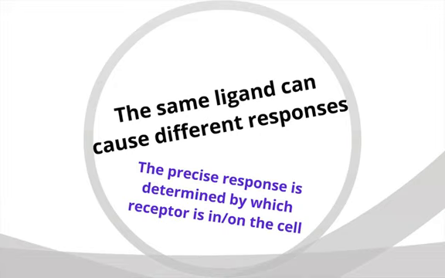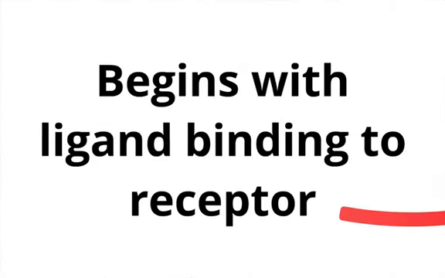Which brings us to the idea of chemical signaling. Chemical signaling begins when the ligand binds to a receptor. That's the first step. Sort of like having somebody step up to your front porch and pushing a doorbell. That's your first signal that there's somebody outside your house. A ligand binding to a receptor, especially on the surface of a cell, is the cell's first information that it has been signaled.